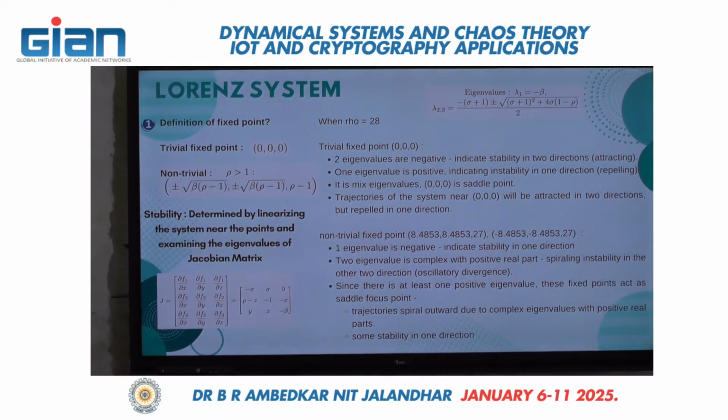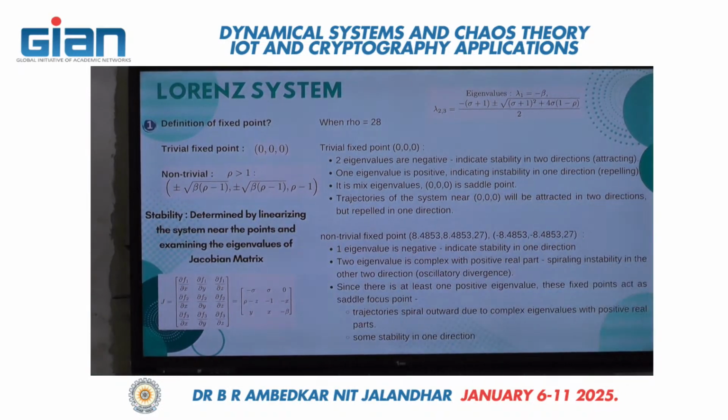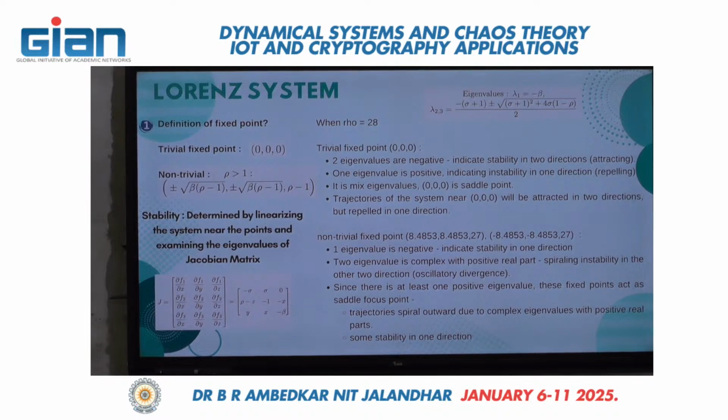For the fixed point 0, 0, 0, if I'm not mistaken, let's say our fixed point is 0, 0, 0. So our Jacobian would be negative sigma, sigma, 0; rho minus z, minus 1, minus x, which would be 0, because this is the fixed point 0, 0, 0.